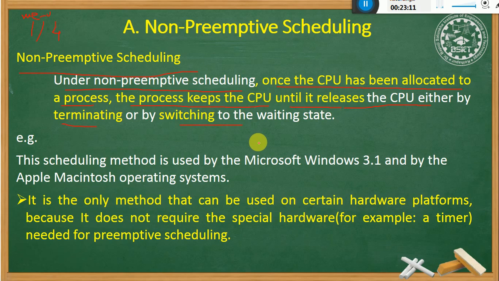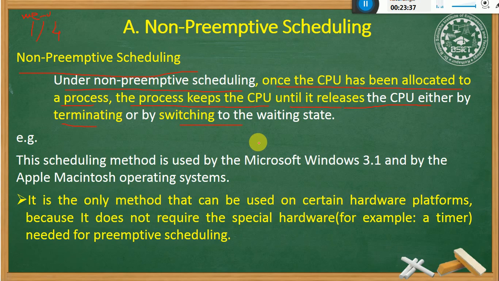Okay, so the CPU can be released when it requires I/O devices or when it has completely executed. That type of scheduling is known as non-preemptive scheduling. In the middle of the execution, the process is not suspended. If it requires an I/O device or has completely executed, then it will release the CPU.